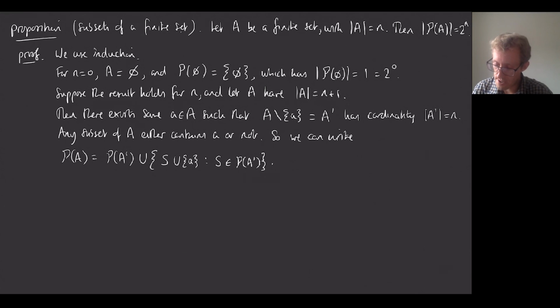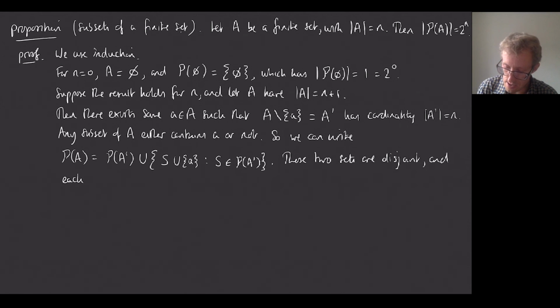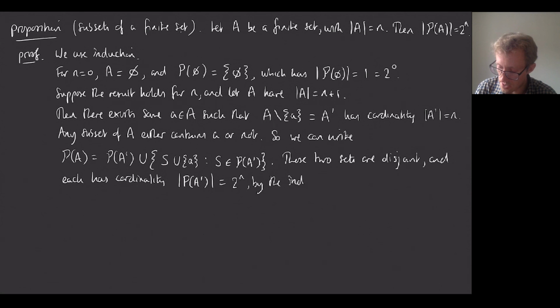So what I'm going to write here is that these two sets are disjoint, and each has cardinality given by the cardinality of the power set of A primed, which is 2 to the n by the inductive hypothesis.